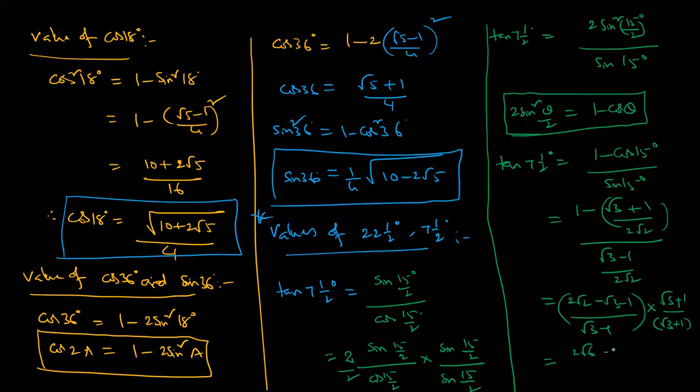Root 6 plus 2 root 2 minus 3 minus root 3 minus root 3 minus 1, whole divided by a minus b, that is, a square minus b square, is coming. So tell me, after completing this one, I can proceed.